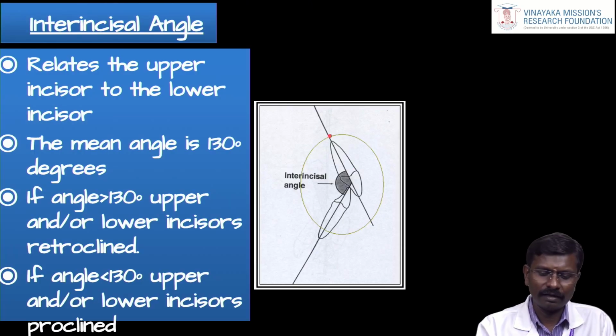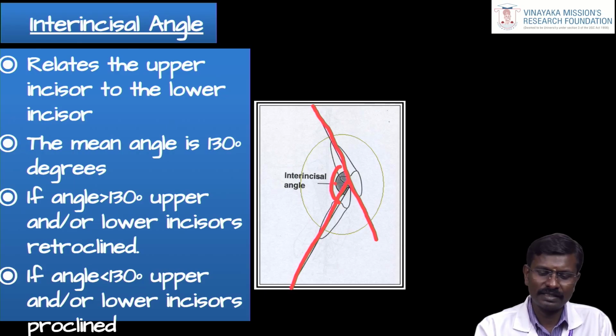And the interincisal angle. Now we have correlated the maxillary incisor to the NA line and the mandibular incisor to the NB line. Now we are correlating the maxillary incisor and the mandibular incisor. The line should be drawn along the long axis of the maxillary incisor and the mandibular incisor, and the interincisal angle should be 130 degrees.